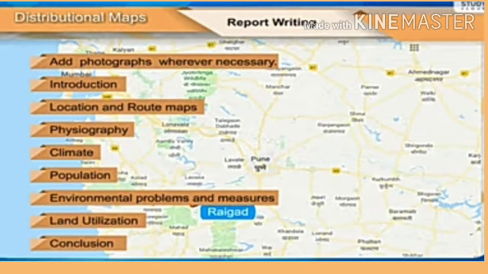Location map and route map should be mentioned. Physiography of the place, climate, population, environmental problems if there are any, and to solve those problems you have to suggest some measures, land utilization, and conclusion to your report should be written.